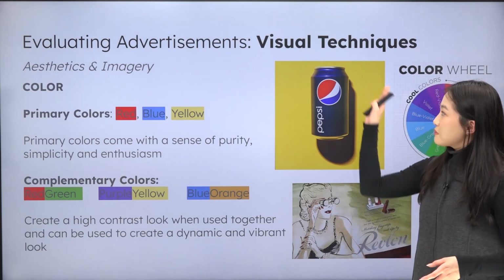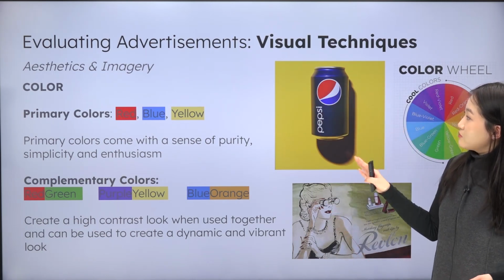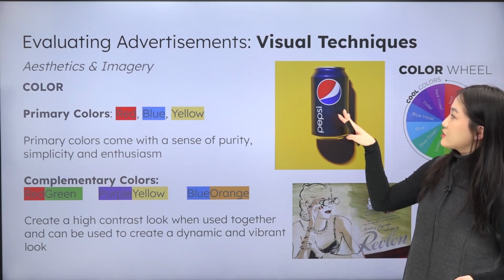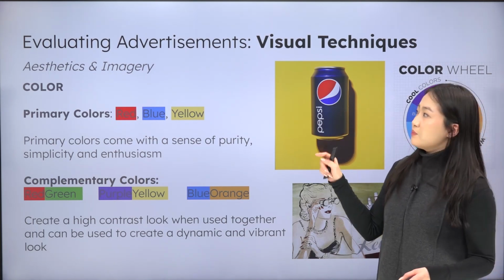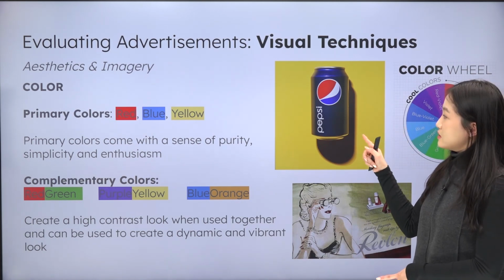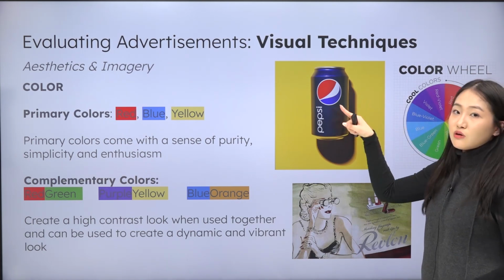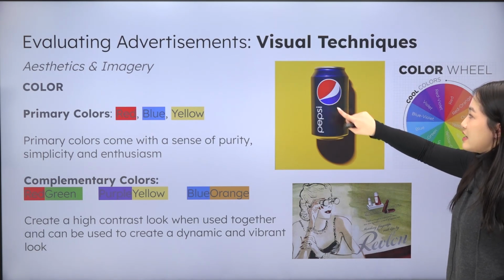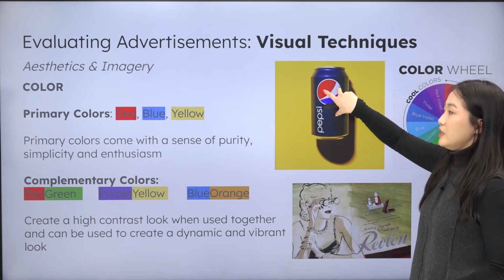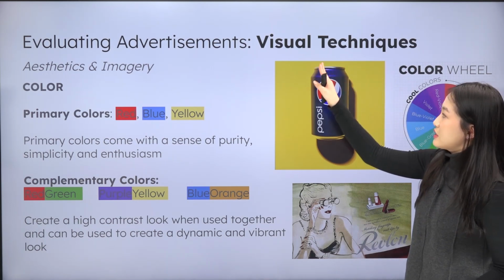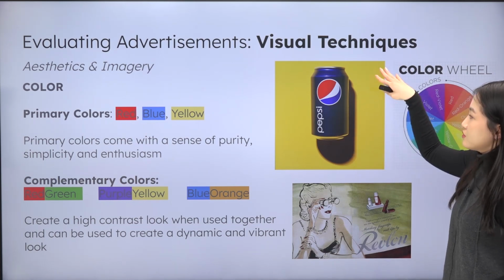Like you see in this Pepsi, it's very simple. It actually only uses the primary colors except for the shadow and the white, which the yellow helps emphasize Pepsi, and the red brings your eyes to its branding logo. So you can say the brand is the focal point, and you can see its market product through the background color.